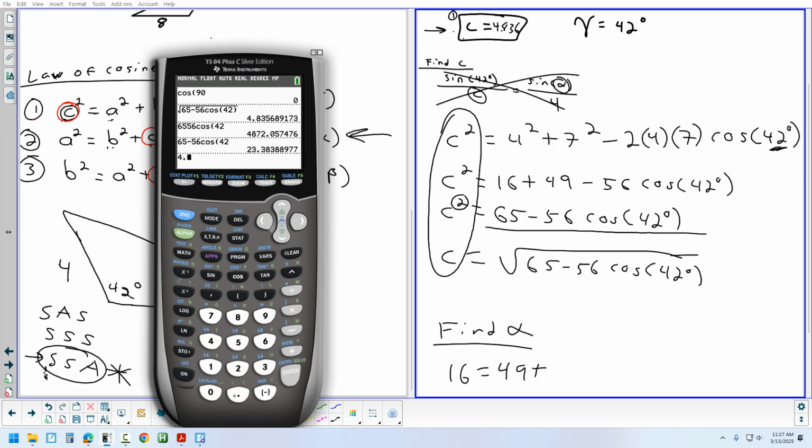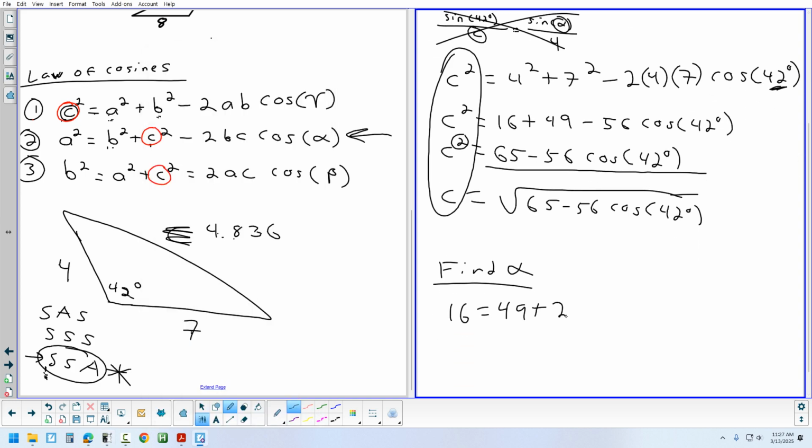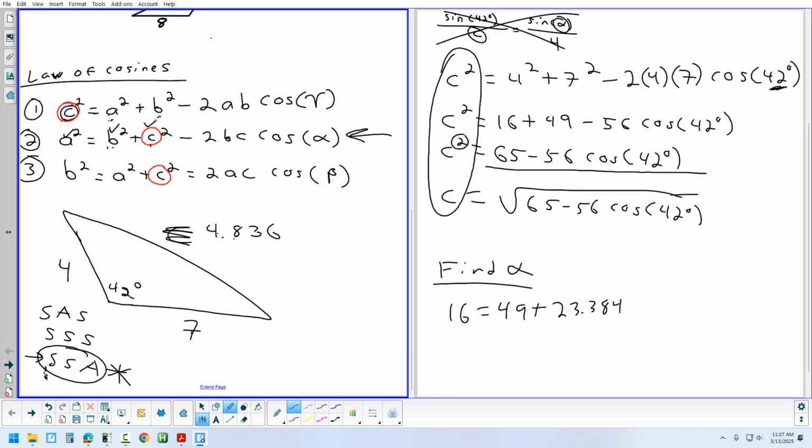Using 4.836 is probably not going to be bad because we had 3 decimal places there, but it does throw it off a little bit. That's 386 versus 384. So go back to the exact answer: 23.384. All right, so we got a squared, b squared, c squared.